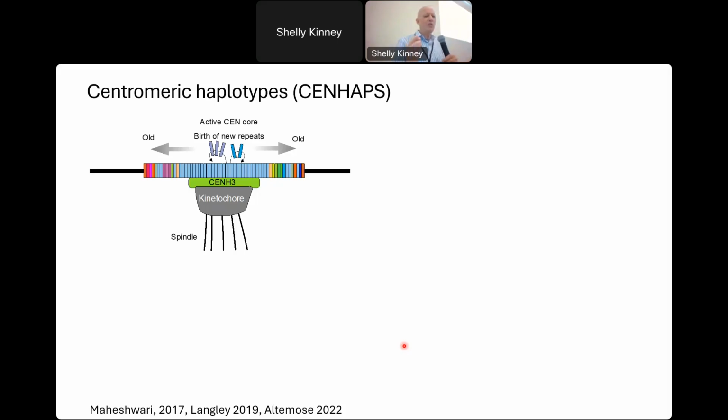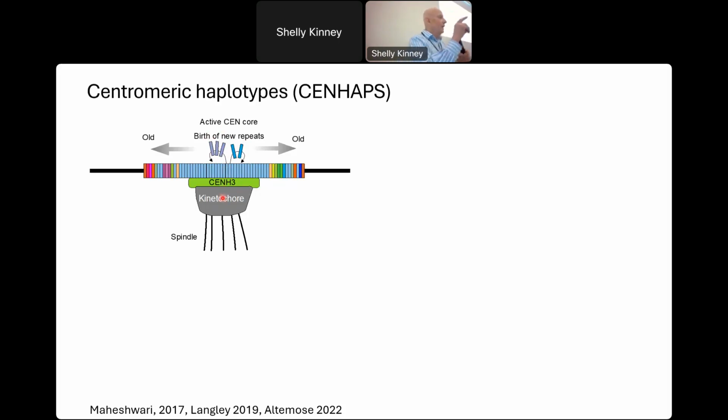But in most centromeres, you find these uniform repeats. New repeats are thought to be born from the core of the centromere and spread and eventually get pushed to the side, so that older repeats tend to be more differentiated and flank the core centromere where SNH3 is bound and the kinetochore forms.